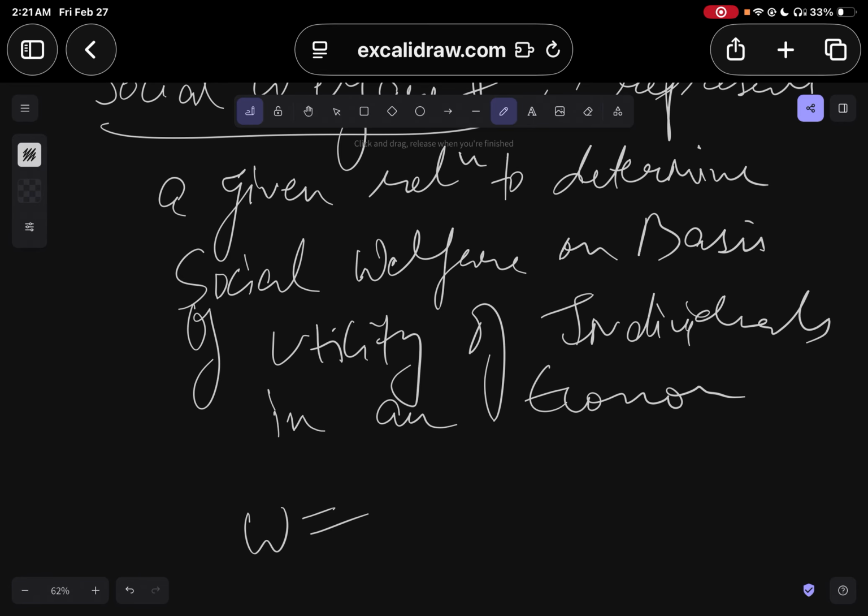So W is a function of UA and UB. We will move into different types of social welfare function as well.